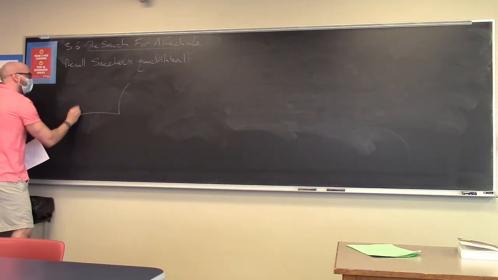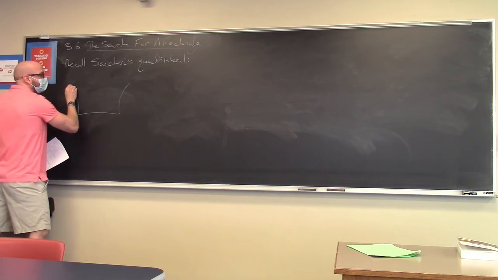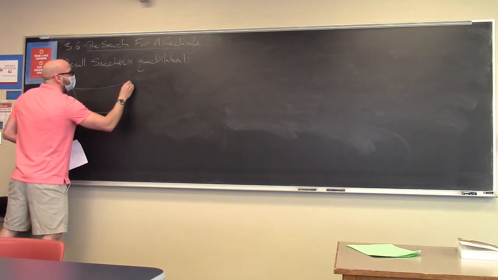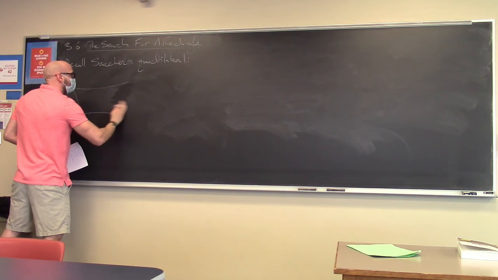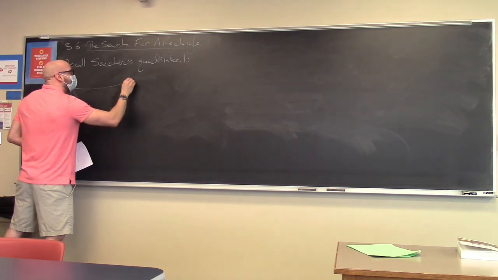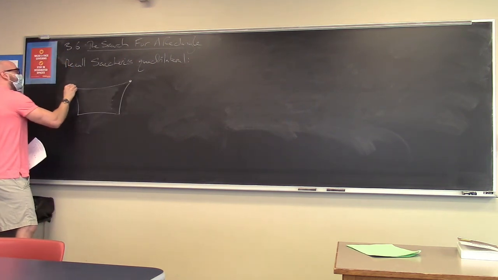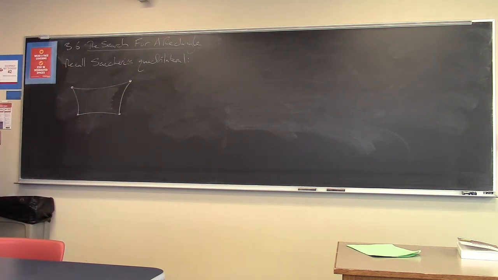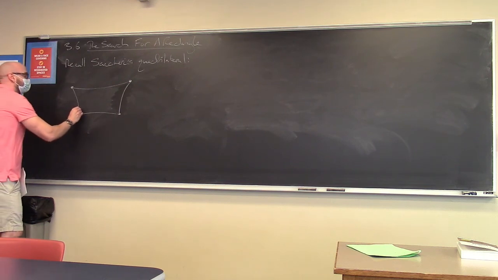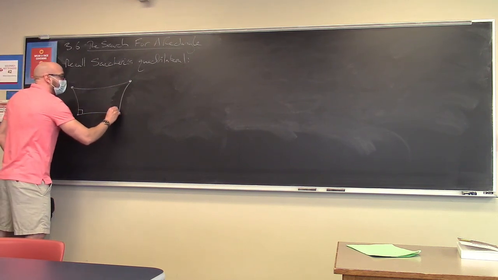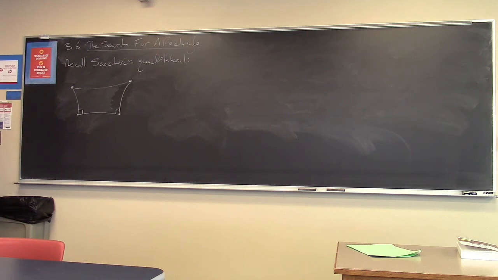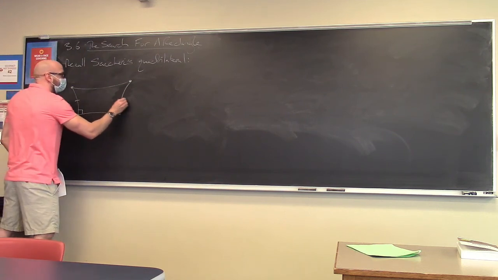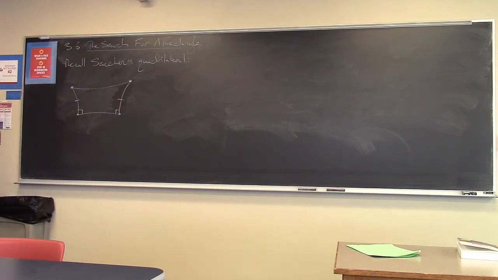This should really connect. I'm going to draw this with curvy sides, so it looks sort of hyperbolic. But this is again Saccheri Quadrilateral. He's got a perpendicular cutting across the two sides there, and two sides that are congruent.